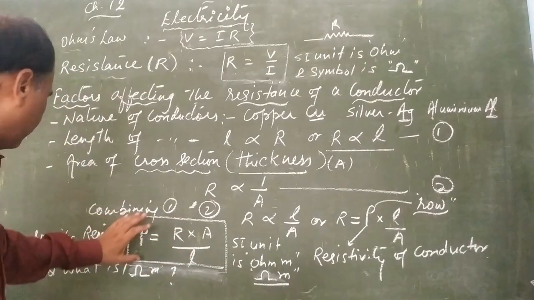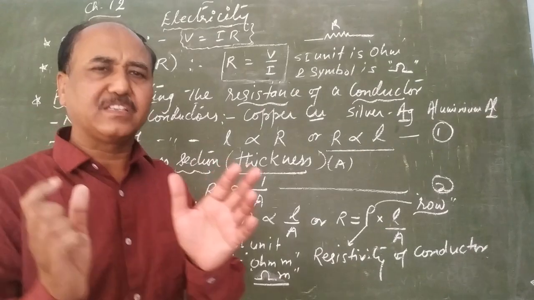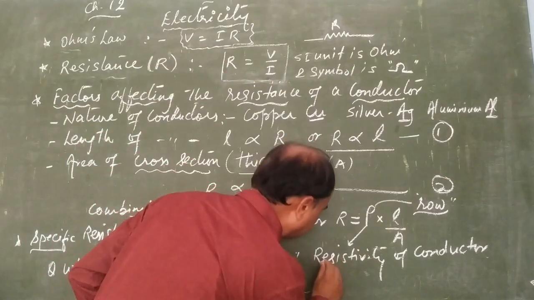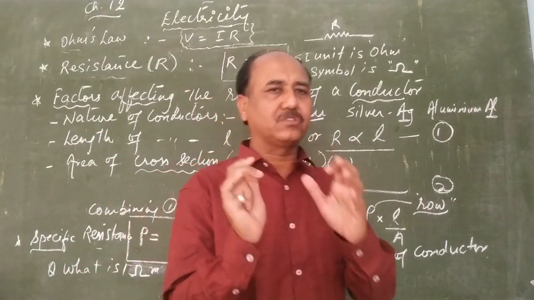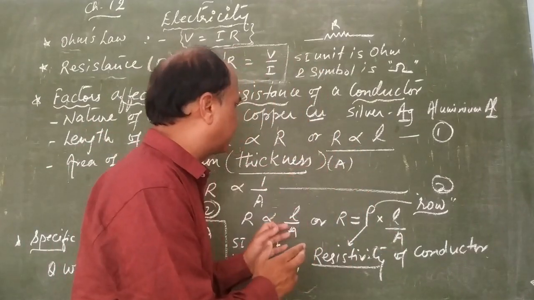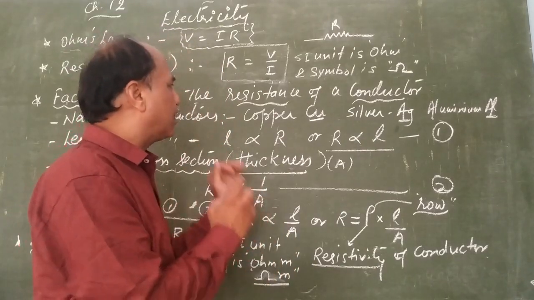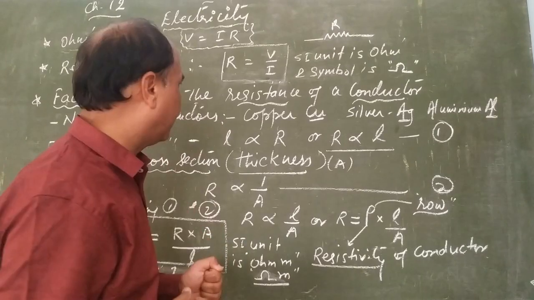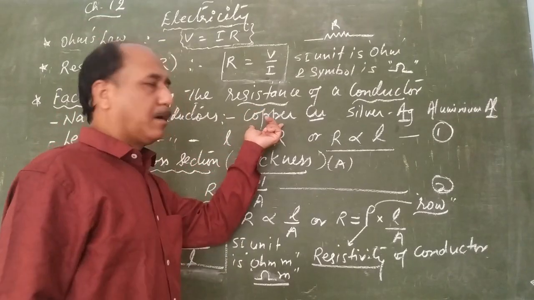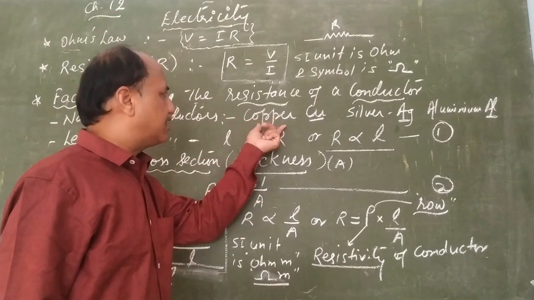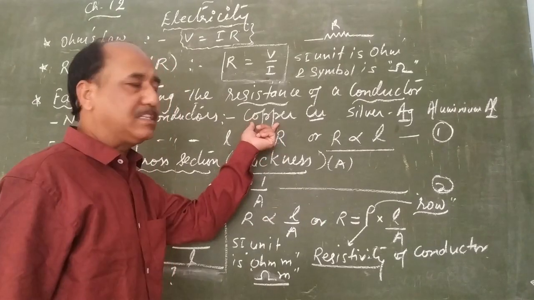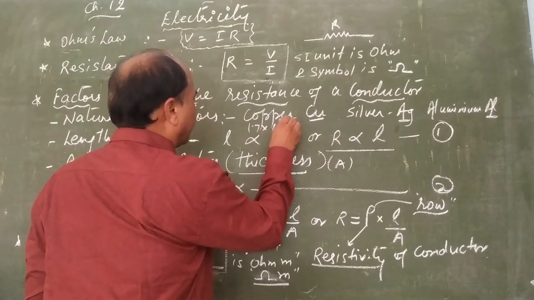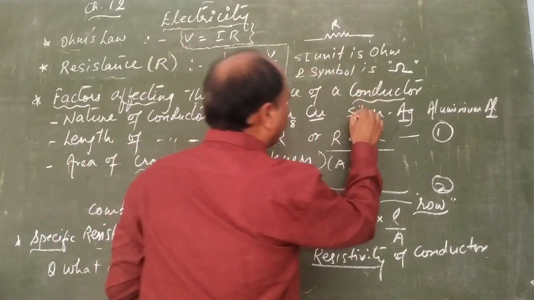Students, did you get the meaning of specific resistance now? Actually, specific resistance or the resistivity is a natural capacity of a conductor, because all the conductors bear a specific resistance, that is called resistivity. Now, if we take the example of copper, the resistivity of copper is 1.7 into 10 raised to minus 8.